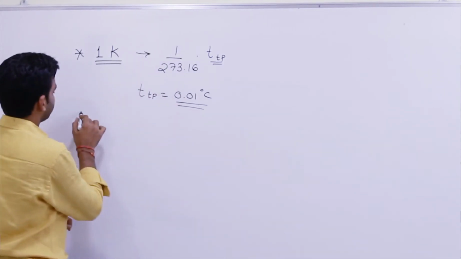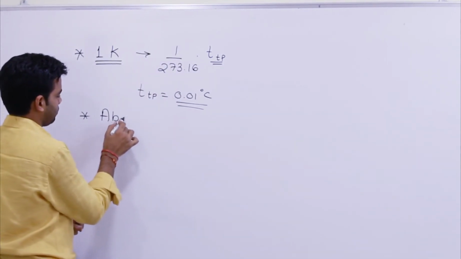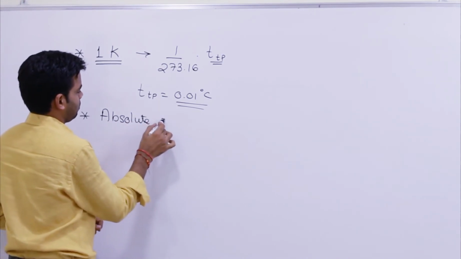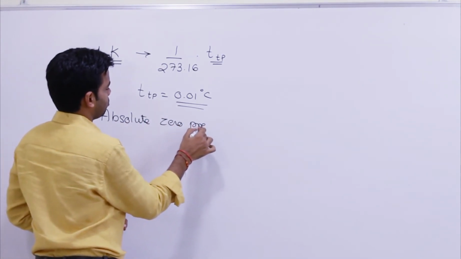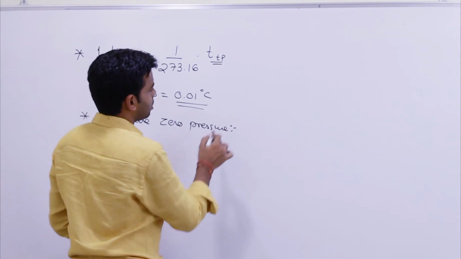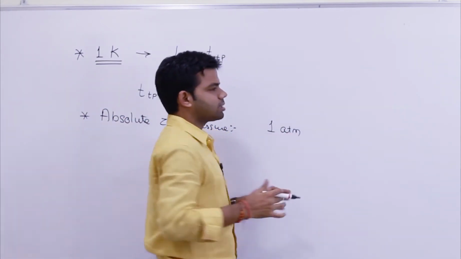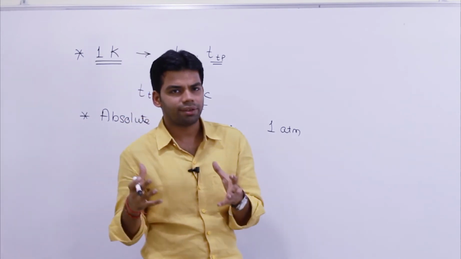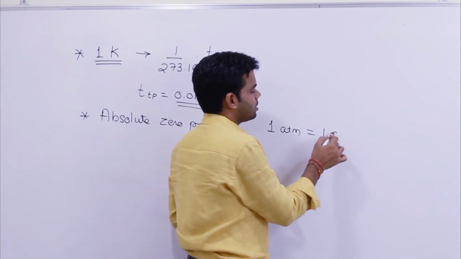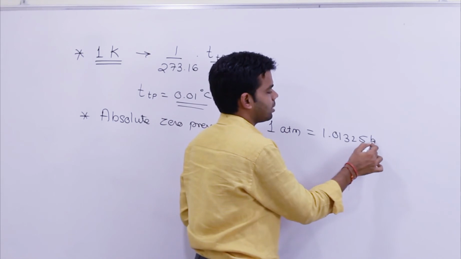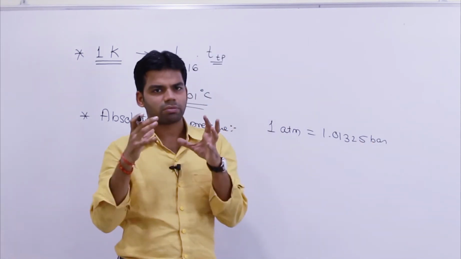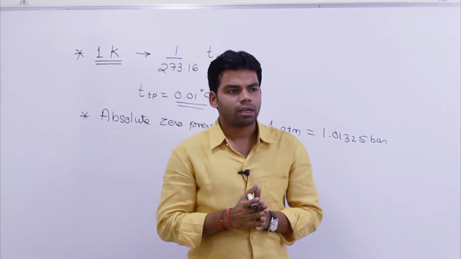Next is the definition of absolute zero pressure. Now what is this absolute zero pressure? We all know that the atmospheric pressure at which we are continuously living is 1.01325 bar. Continuously this much pressure is exerted upon us. Now what does this mean?